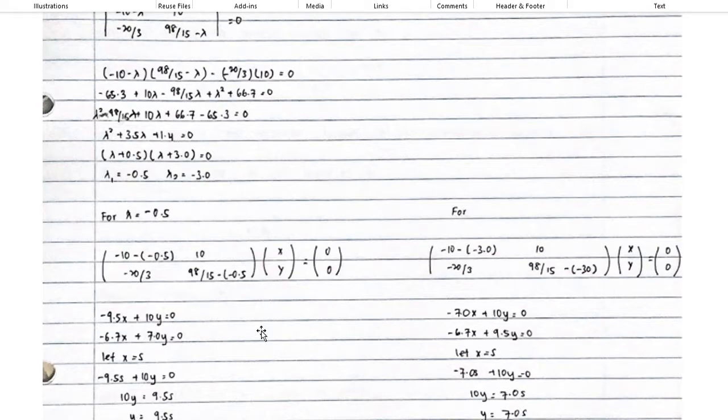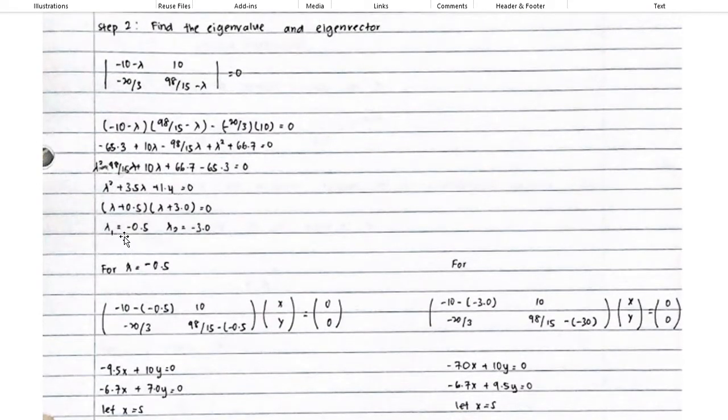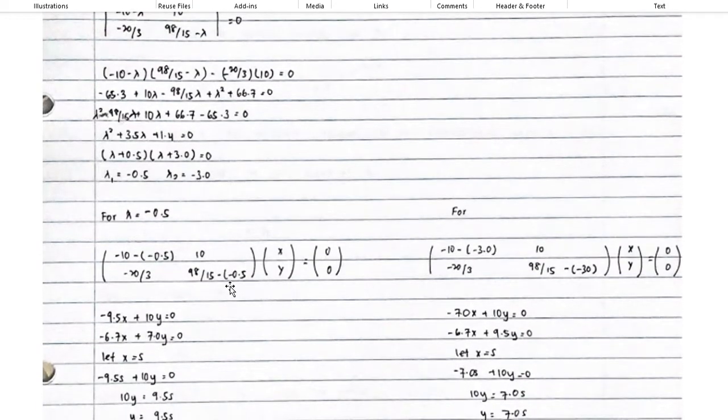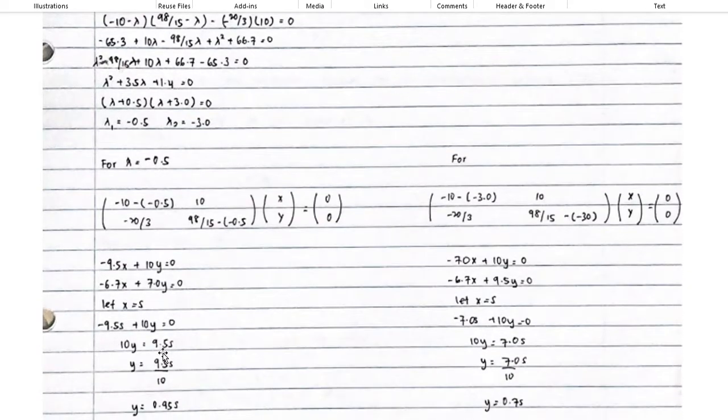So for the next step, we substitute the values that we get, negative 0.5 and negative 3.0, into lambda. After we substitute the value, the answer will be y equal to 0.95s.